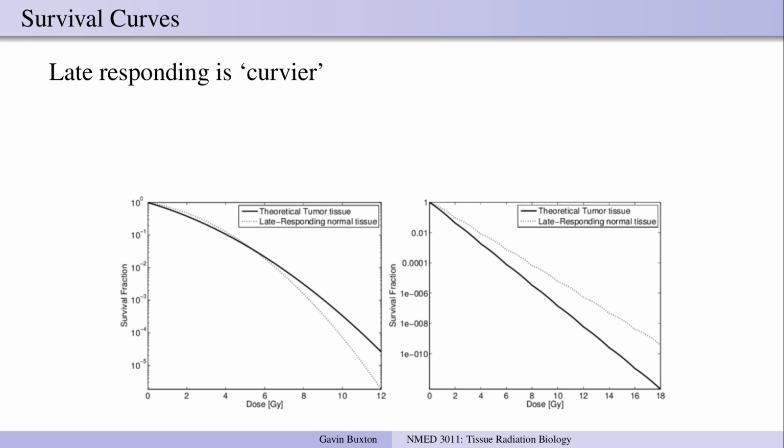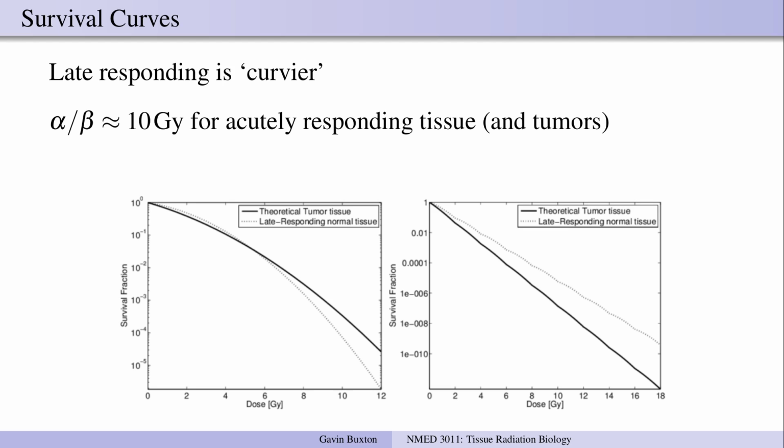And recall that these curves are usually represented by the linear quadratic model. There are two different parameters in this model. There's the alpha, which represents how straight it is, and there's the beta, which represents the quadratic part, which is how bendy it is.